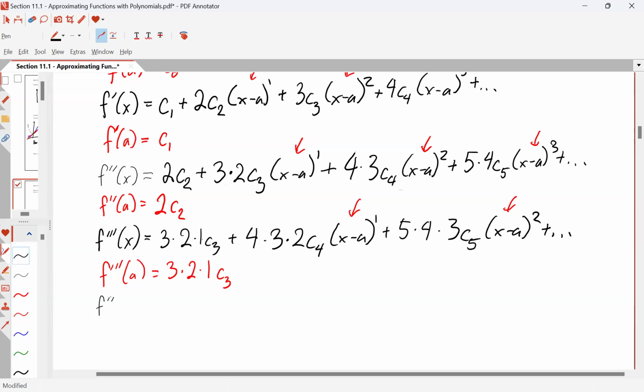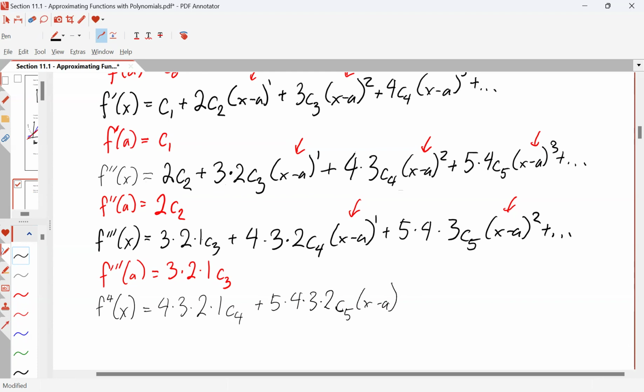So the fourth derivative at x, first term becomes 0. The next term will become 4 times 3 times 2 times 1 c4 plus 5 times 4 times 3 times 2 c5 x minus a to the first.